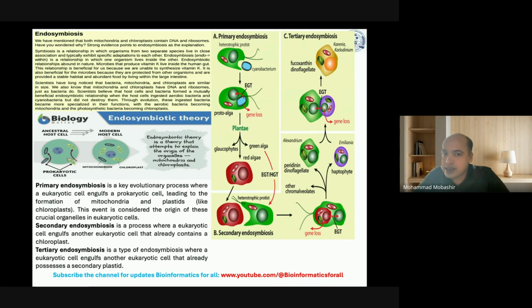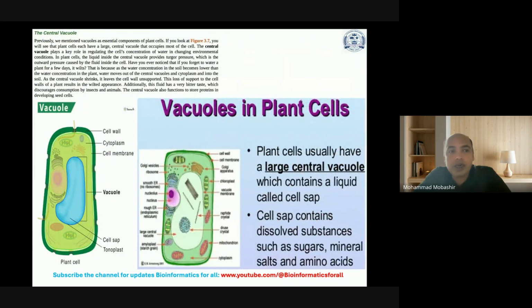And then there is a new kind of originated species. Then it comes tertiary endosymbiosis, which you are seeing here. So tertiary endosymbiosis is basically a type of endosymbiosis where a eukaryotic cell engulfs another eukaryotic cell that already possesses a secondary plastid.